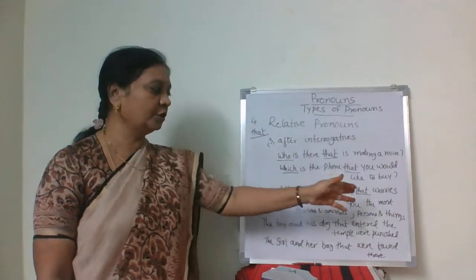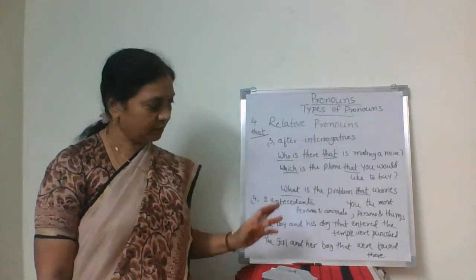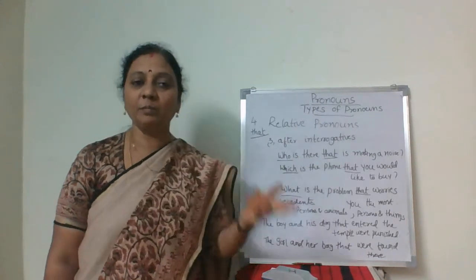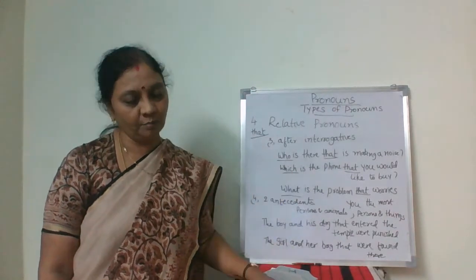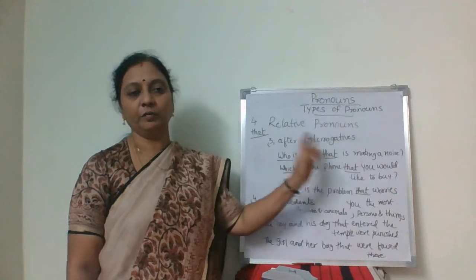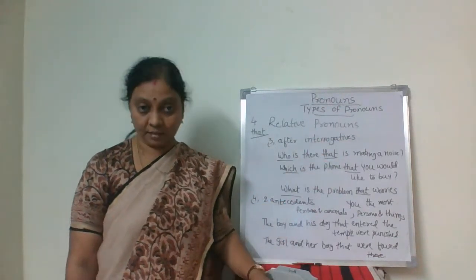Which is the phone which you would like to buy? No. Double question words we cannot use, isn't it? So in such cases also the usage of that. What is the problem that worries you the most? So after interrogatives we also use that. And the last one, when two antecedents are there.